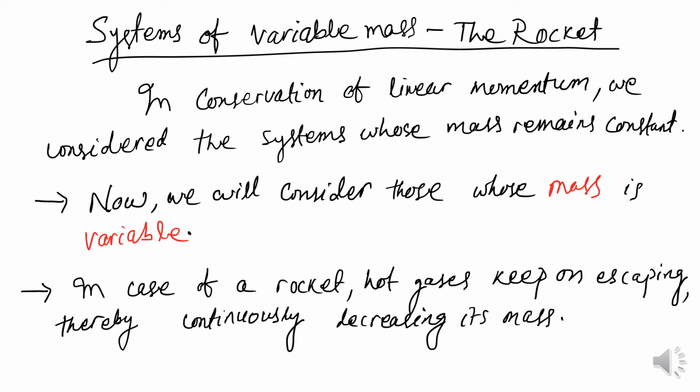So what will happen in this case, where velocity is varying and the mass is also varying with respect to time? For example, consider the rocket, in which the mass is constantly changing because the fuel gets burnt and the gas is escaping. So the mass is continuously decreasing with respect to time.